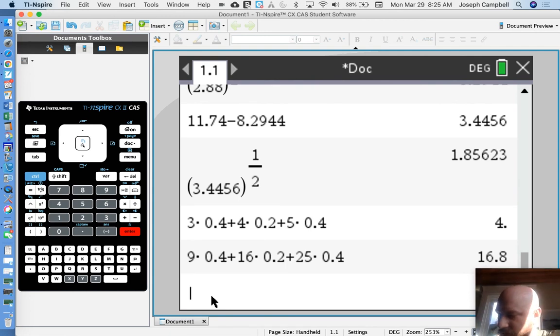So I actually ended up adding them. Whilst talking, what I ended up doing was I multiplied each of these and added them at the same time. So I only had the sum. Sum is 16.8.